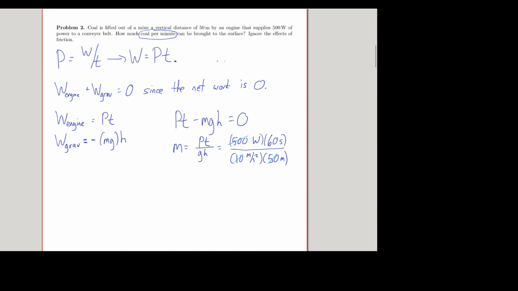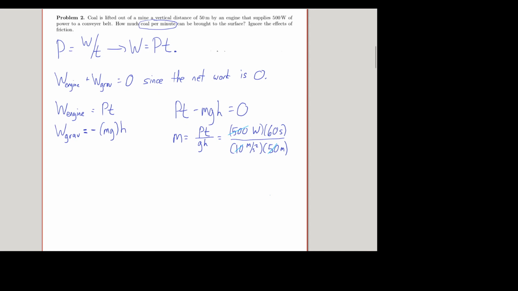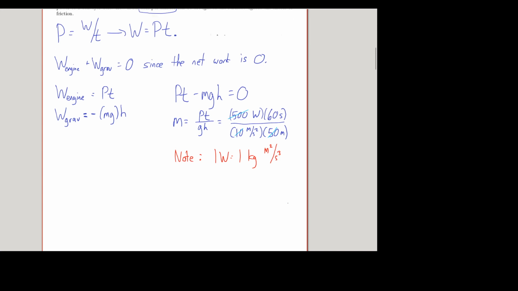Let's make sure that the units are right. Note that 1 watt is 1 kilogram meter squared per second cubed. You can convince yourself of that. So all of the meters squared per seconds cubed cancels the other things that I have.